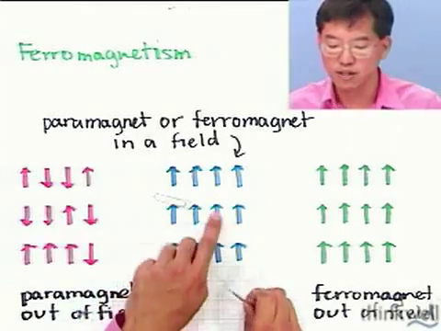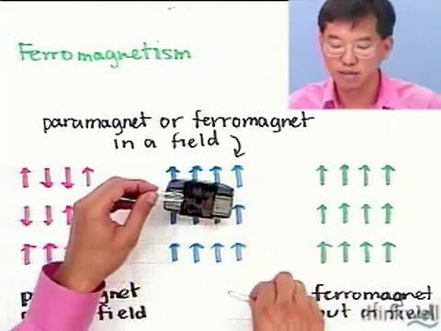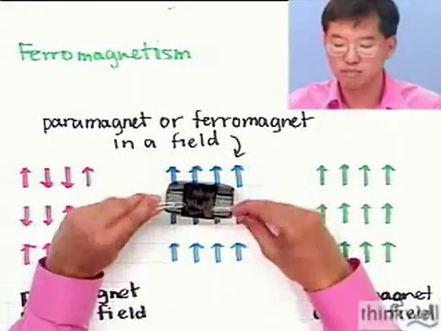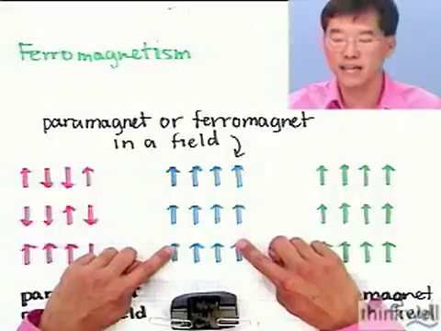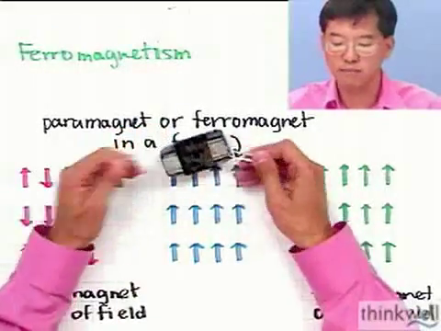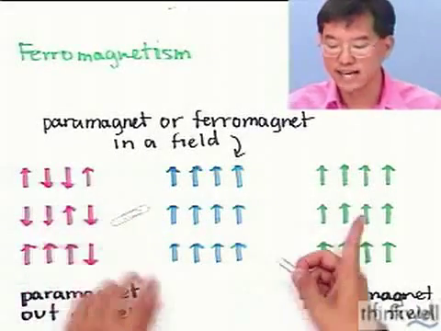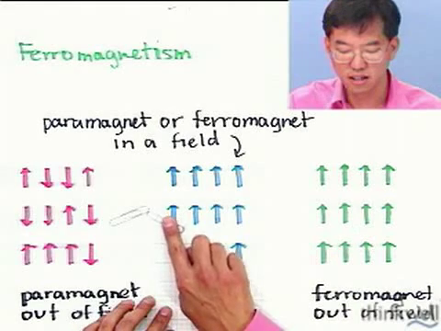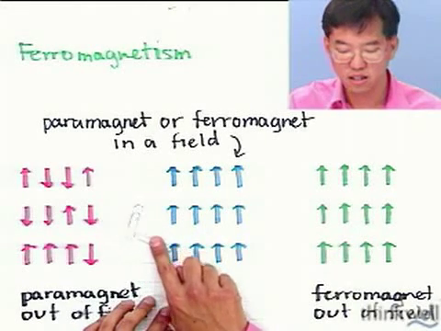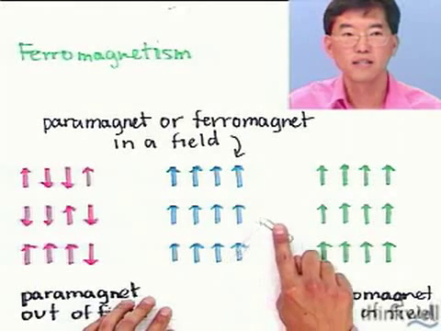And now I'm going to align them by putting them in a big magnetic field, and this is a big magnetic field. So we put them in this big magnetic field, and now all of the spins are doing what's going on here. And now I'm going to take away the big magnetic field, and now I'm going to show you that they get stuck in this aligned state. And the way you can tell is they stick to each other now.